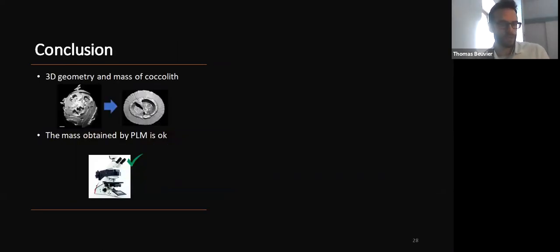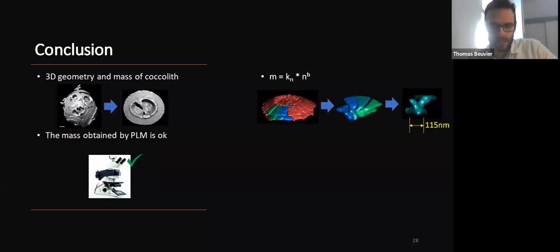Okay, so to conclude, CXDI was able to image in 3 dimensions single coccospheres, from which we were able to extract the 3D geometry and the mass of the coccoliths. We confirm that the mass obtained by PLM is correct, and we find a new relation linking the number of segments with the mass.